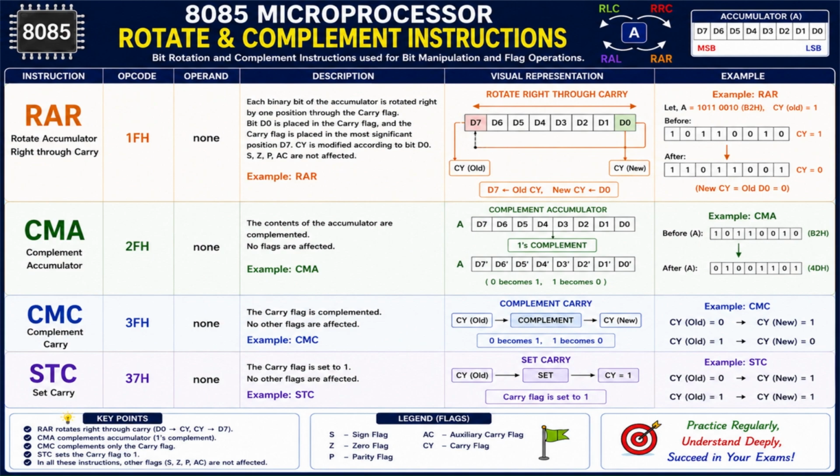CMC simply toggles the carry flag. 0 becomes 1 and 1 becomes 0. STC sets the carry flag to 1 regardless of its previous value. One important point to remember is, except for changes to the carry flag in RAR, CMC and STC, the zero, sign, parity and auxiliary carry flags remain unaffected.